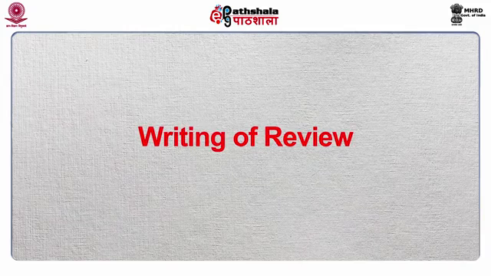Now, how to write a review? The process of writing a literature review is an exercise in converting the raw data into information. A literature review is a complete exercise that includes an introduction, a main body, and a conclusion. The introduction to a literature review briefly explains the nature of the topic under research and its scope.